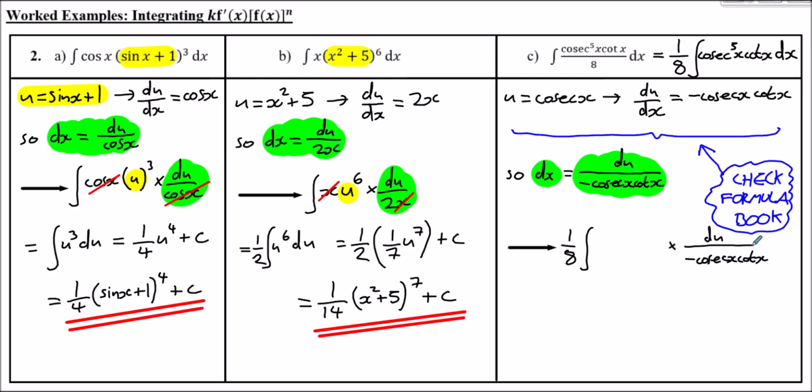The reason I'm doing this is because you should always have your eyes on what you want to cancel. So obviously that cot x will cancel that cot x, but I need to cancel a cosec x. So I'm not going to write cosec to the power 5.